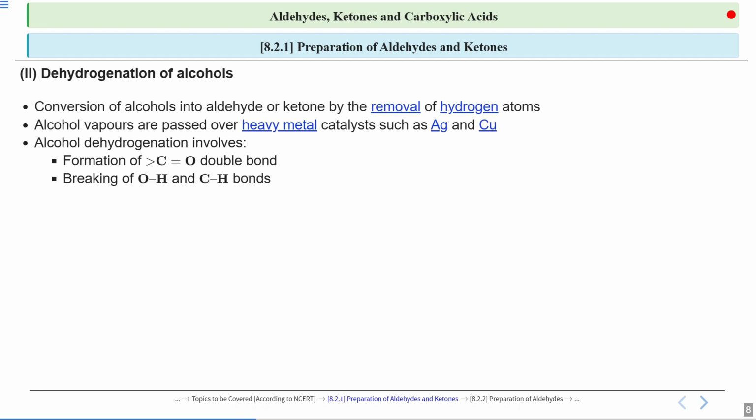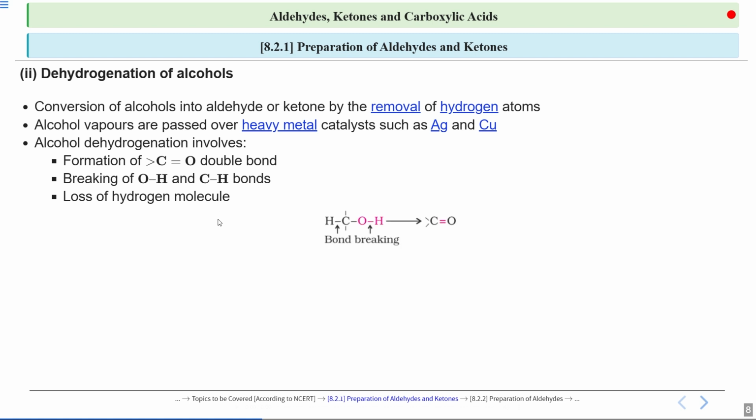So this bond breaking is essential for removal of hydrogen atoms, which allows the formation of the carbonyl group. And last, there is loss of a hydrogen molecule, which completes the dehydrogenation process.